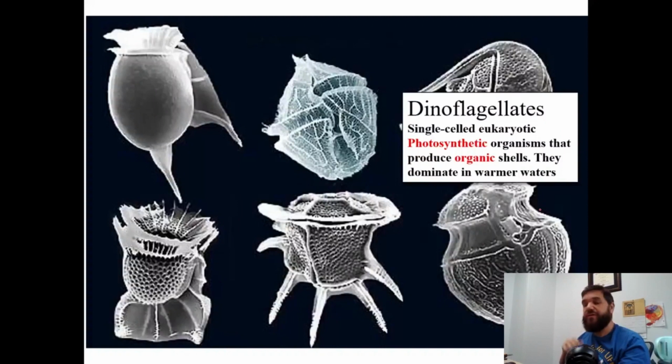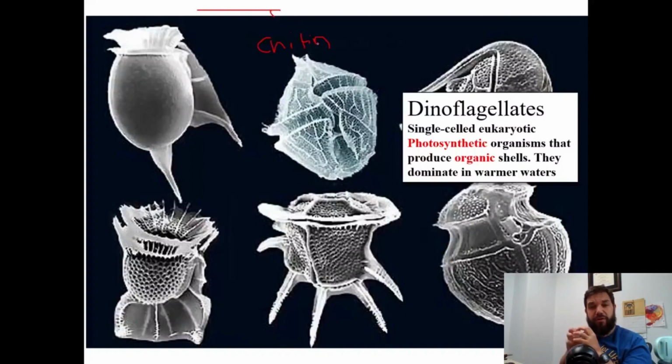Another type are called dinoflagellates. Dinoflagellates produce their shells out of proteins and organic matter. So they produce a substance called chitin. Chitin is a little bit similar to keratin, which makes up your fingernails, your hair, and the horns of horned animals like deer or antelope.